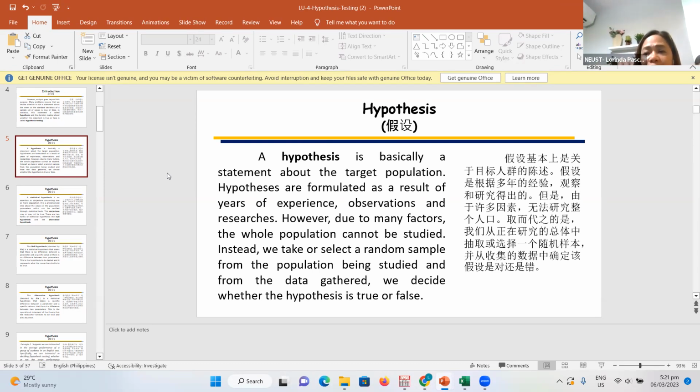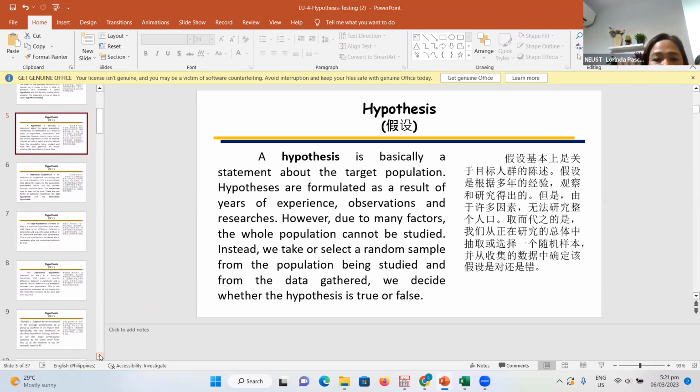Now, like what I've said generally sa research, if we have no designated level of confidence and margin of error, it is always assumed or understood that the level of confidence should be at 95% and the margin of error is 5%. Pag hindi nakaset, assumed na talaga yun. So yun yung first requirement for the hypothesis to be accepted as true or false.